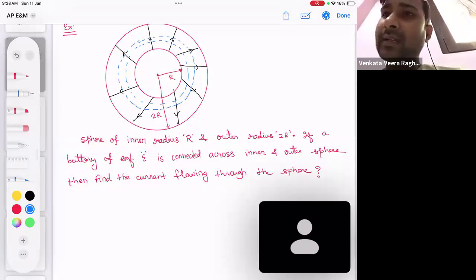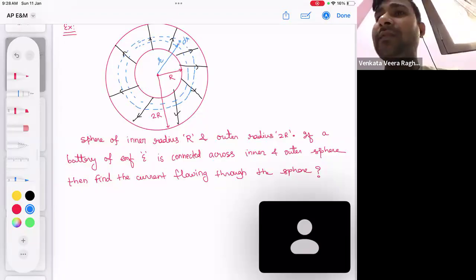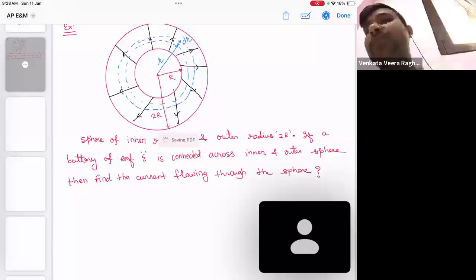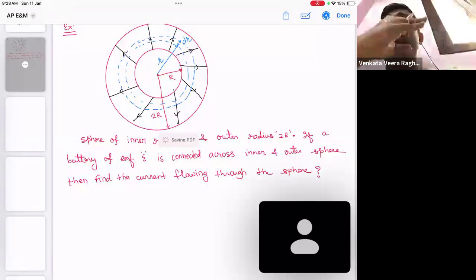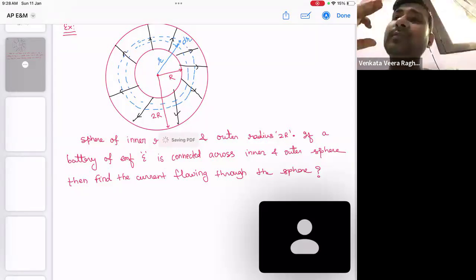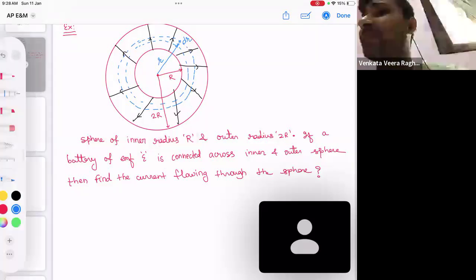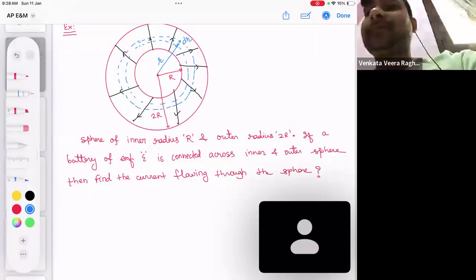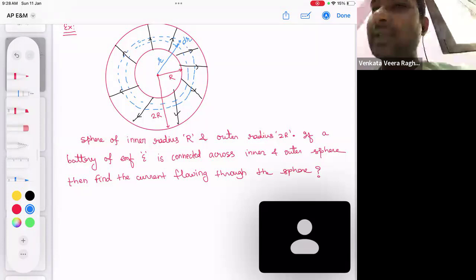So I consider at a distance small r a small thickness of dr. First I will calculate the resistance of this small segment. Why? Because as we go from the inner to the outer surface, what will change in this conductor? Isn't it again the area will change? So that's why a different area is coming at a different point.